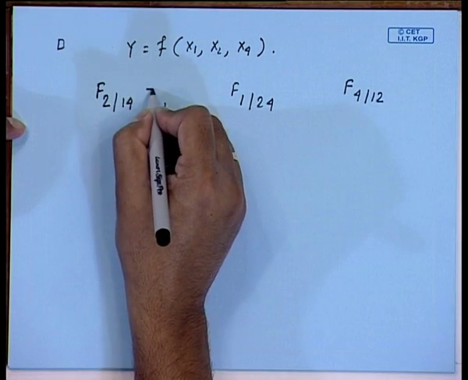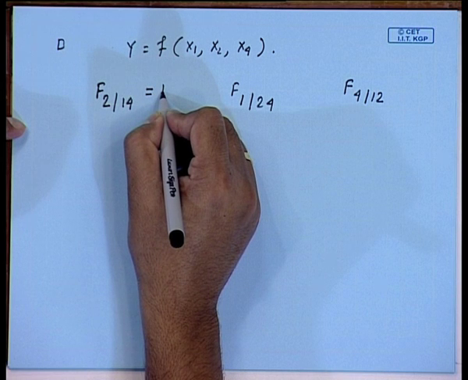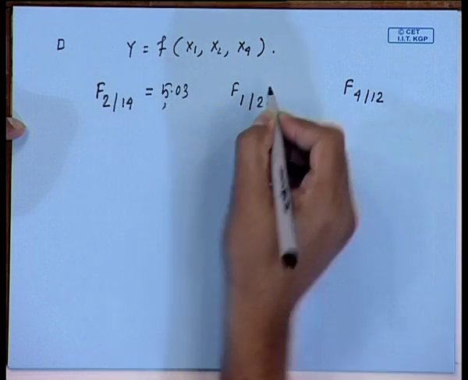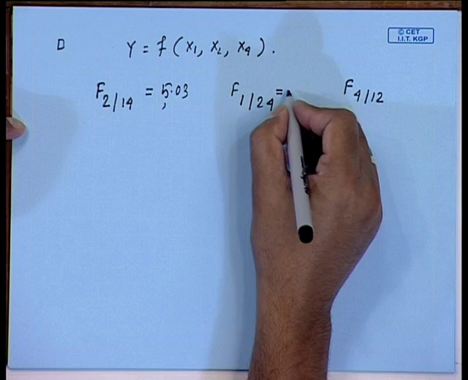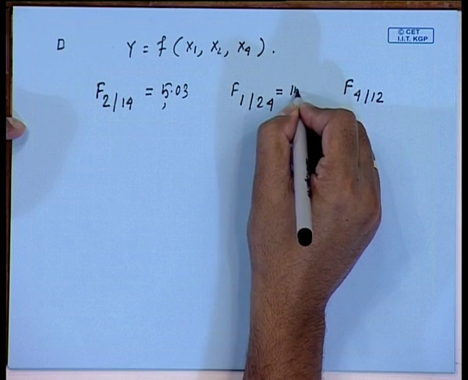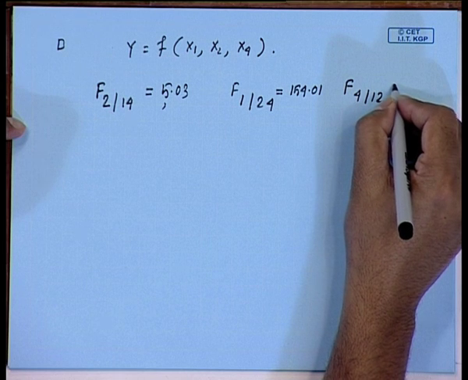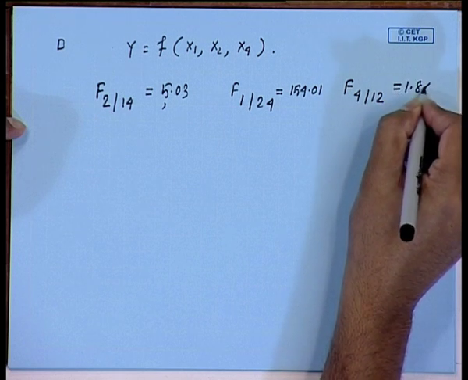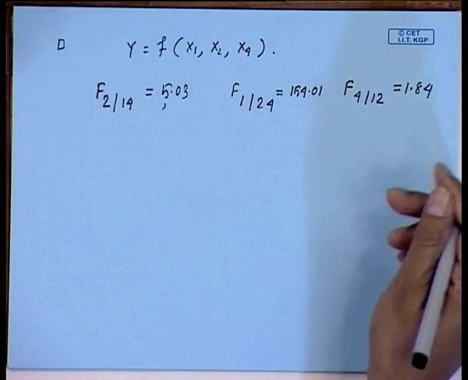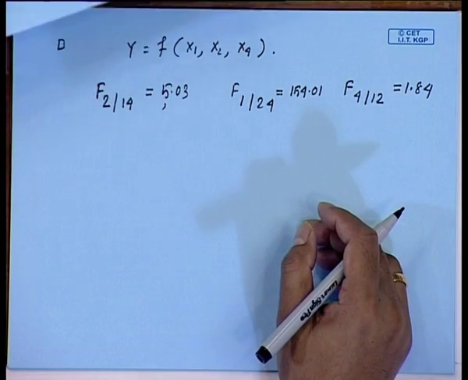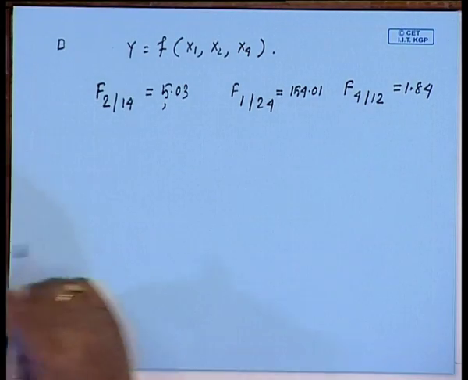So, this one is 5.03, this one is 154.01 and this one is equal to 1.84, that you can check from this table, right. You can check from this table.